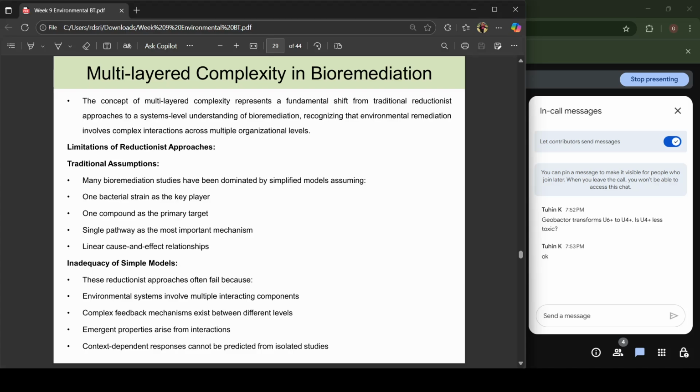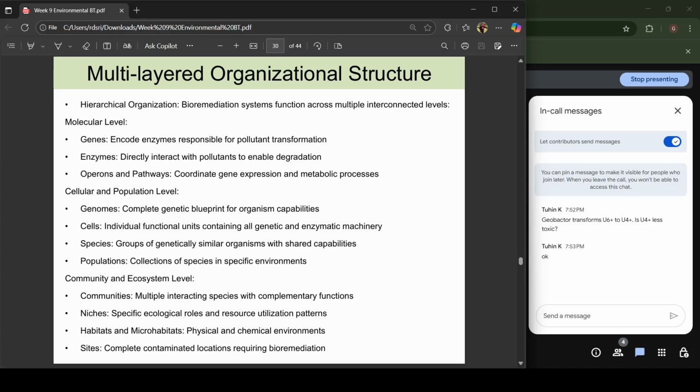So that is also a key factor that we should consider, and that is why we should go upon chemical analysis to elucidate the pollutant degradation mechanism. So this reductionist approach, which simplifies the entire complexity of the bioremediation process, needs to be removed. So that is where the concept of multi-layered complexity or multi-layered organization structure comes into picture.